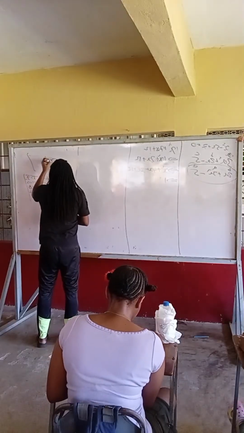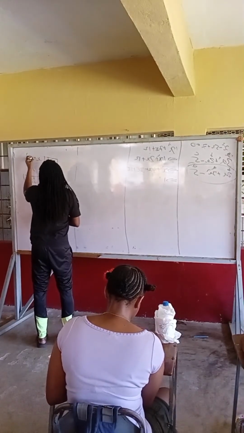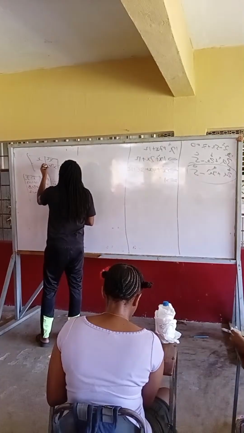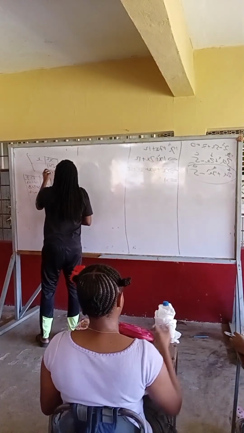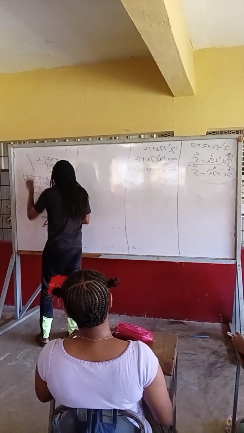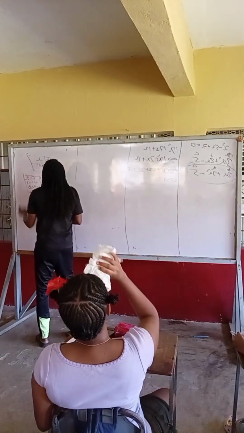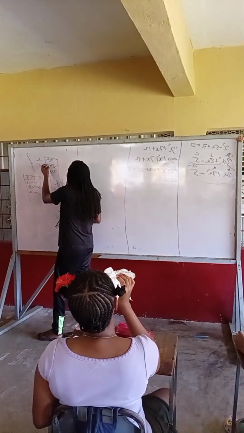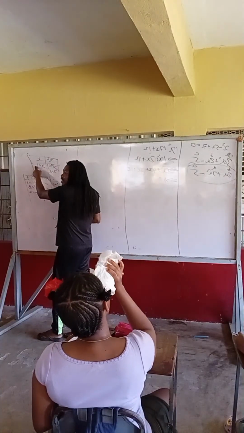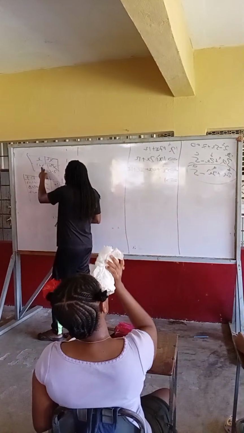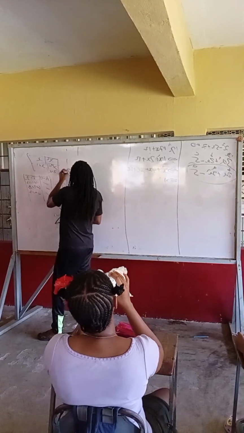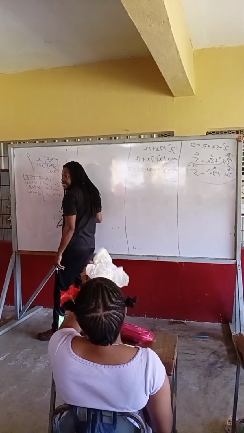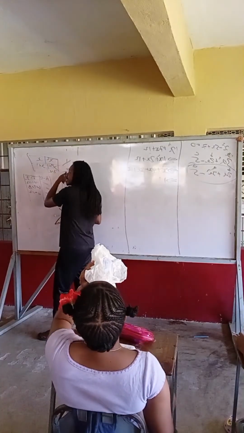You have x squared and x. x squared is x squared times 1, and x squared is x times x. x is x times 1. x squared is here. Is x squared here? So it can't be x squared. 1 is here. Is 1 here? Yes. x is here. Is x here? So you have 1 and x. Are you seeing that? So then now you know, so your x is here.